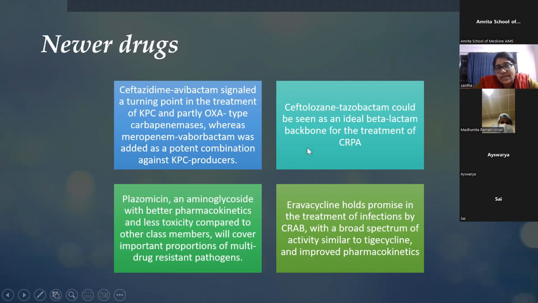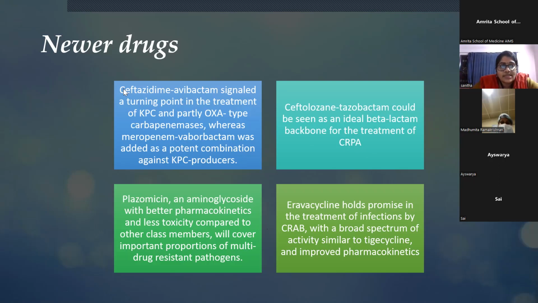Then there is the ceftolozane tazobactam combination, a cephalosporin with a beta-lactamase inhibitor, for carbapenem resistant Pseudomonas aeruginosa. Then there is plazomicin, a newer aminoglycoside with a better pharmacokinetic profile and lesser toxicity, useful for multi-drug resistant gram-negative organisms. Then eravacycline, a tetracycline that is useful for carbapenem resistant Acinetobacter baumannii infections.